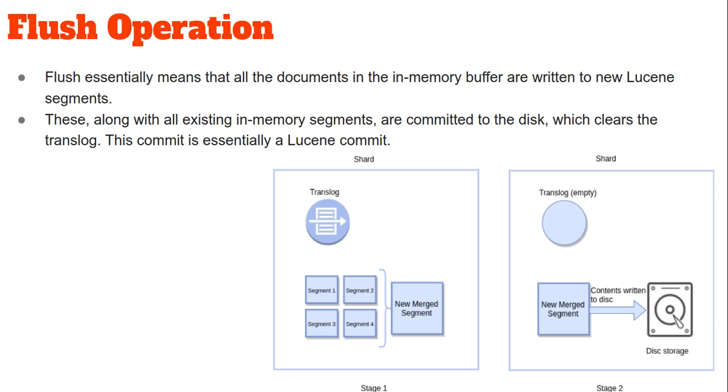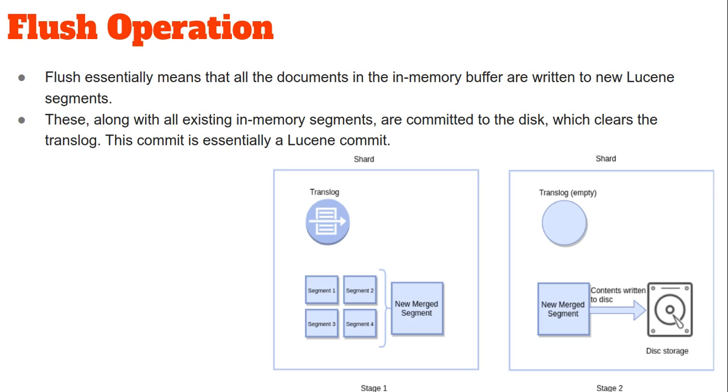So from time to time, Lucene keeps merging the segments, and during a flush operation, it does merge the segments. And then in the image on the right, we see that the translog is absolutely empty, and the contents of this new merged segment are written to disk. And in this way, persistence is achieved.